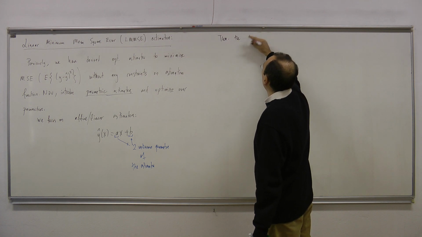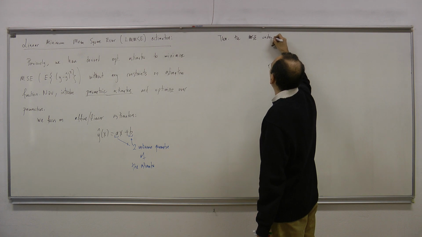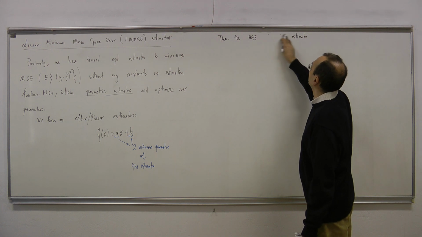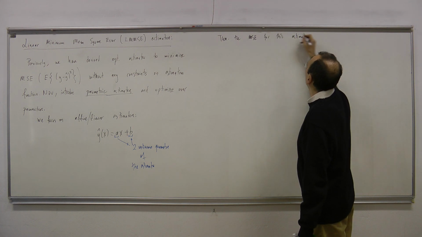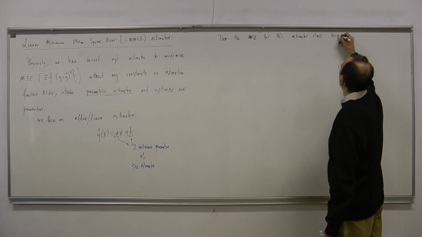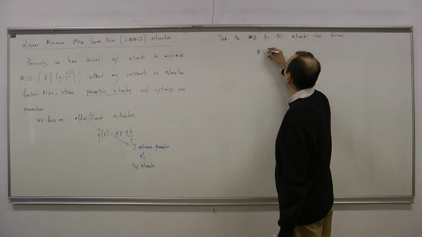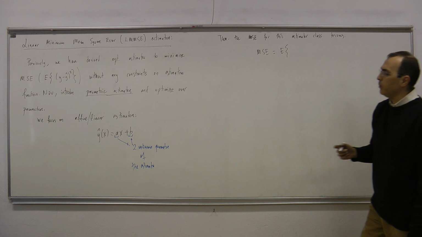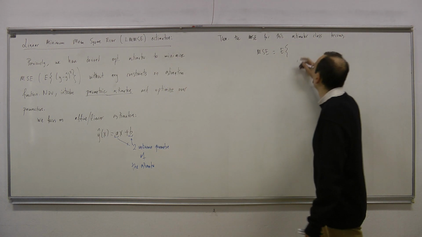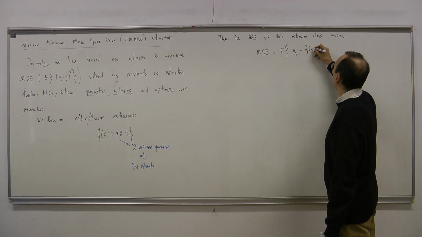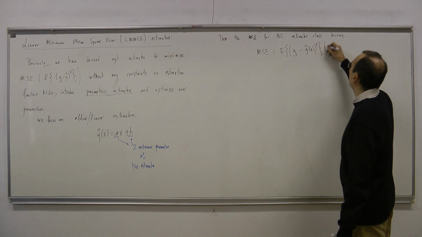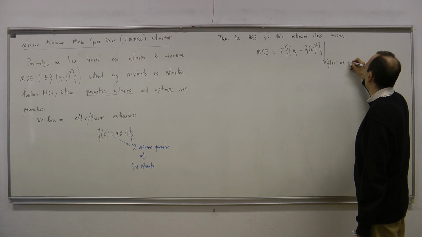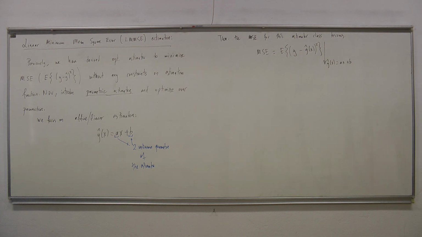The MSE under this constraint, for this estimator class, becomes the expected value of y minus y hat of x, where y hat of x is ax plus b. Now we are working in a restricted setting: I'm not allowed to have an arbitrary estimator.